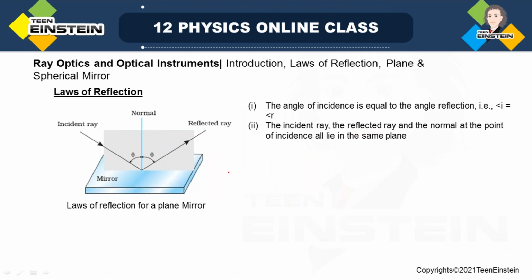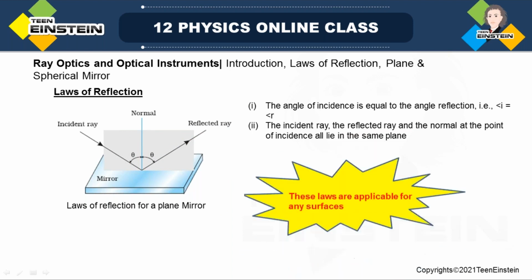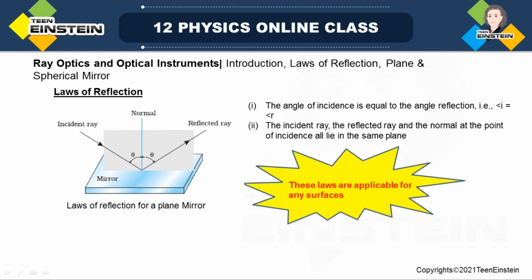Now the interesting and important thing you have to remember is that these laws are applicable for any surface, not only plane. We have taken these laws of reflection for the plane mirror over here, but the important point is that these laws are applicable for any surface.